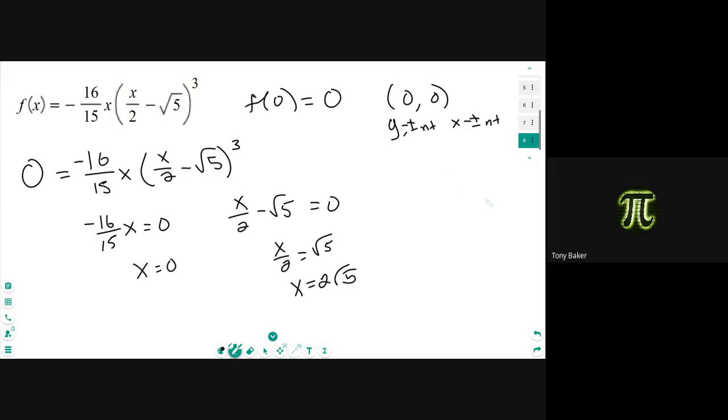All right, so next thing I have to find is my mins and maxes and increasing and decreasing and concavity.